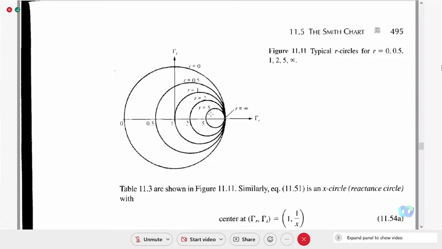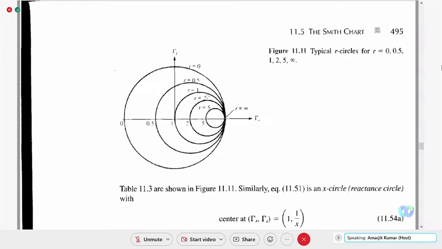Okay, so these are the circles for this. Here the horizontal axis is the gamma r axis, and the vertical axis is the gamma I axis. So r equal to 0, r equal to 0.5, r equal to 1.